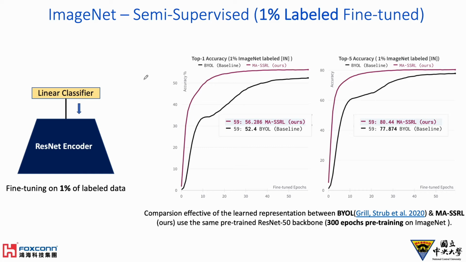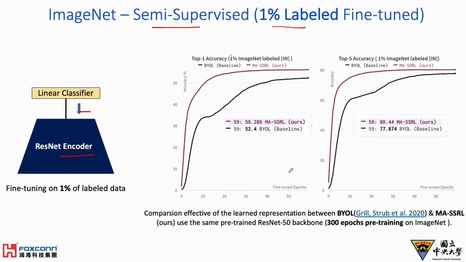Second, we evaluate on semi-supervised learning. In this case, we update the encoder, but with a very small proportion of labels. If our dataset has just a small amount of labeled data, we can apply the semi-supervised learning pipeline. We take the encoder again, but now we unfreeze it and update it with the labels.